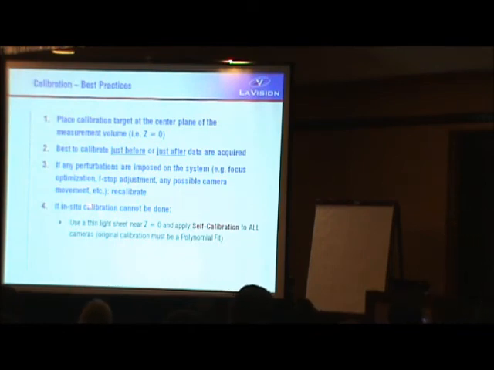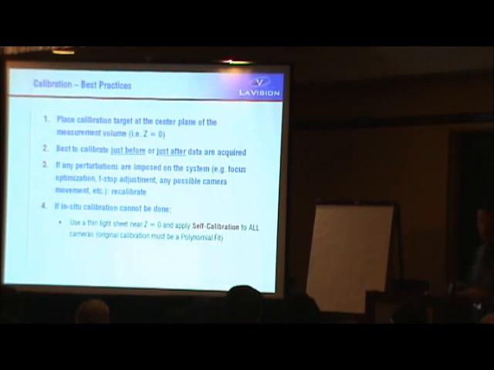In some situations, it's impossible to put a calibration target into your flow field. This makes life a little bit more difficult, but there are some tools that you can use. You can calibrate outside your measurement volume, and then start with a very thin light sheet and apply self-calibration, which we normally apply for stereo PIV, to correct for any very gross initial calibration errors.